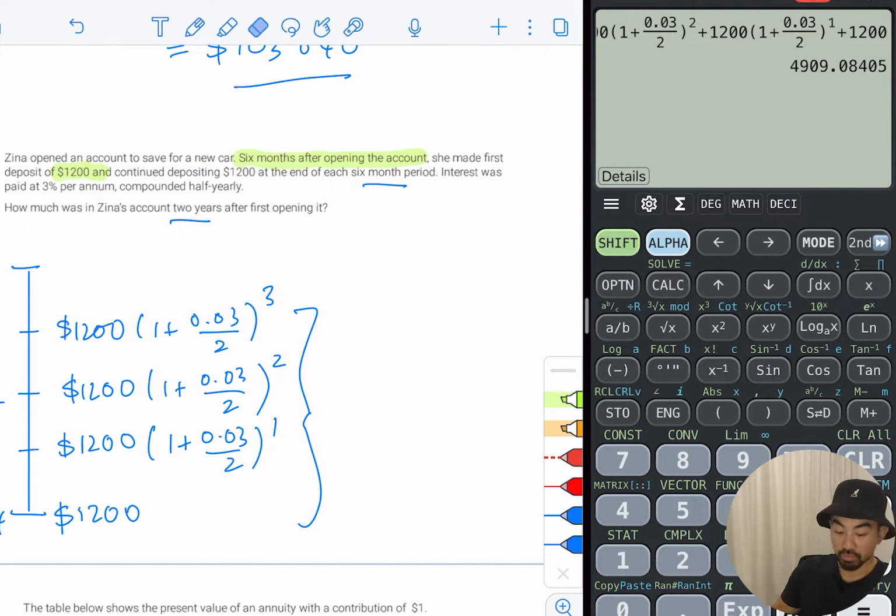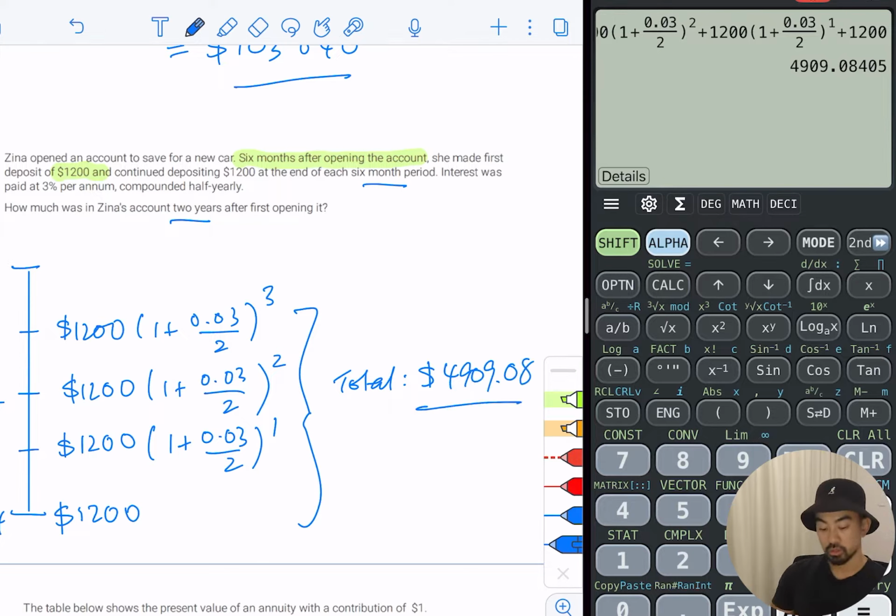So there you have it. That will be the total. So just adding all these up, you get a total of $4,909.08. So that's how you would do that question there.